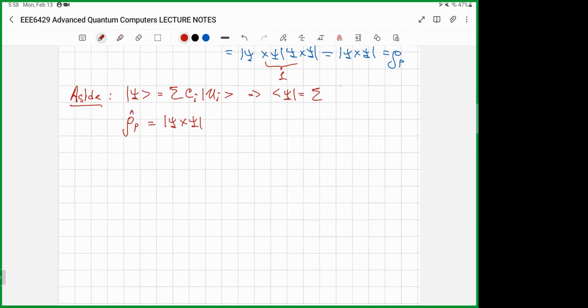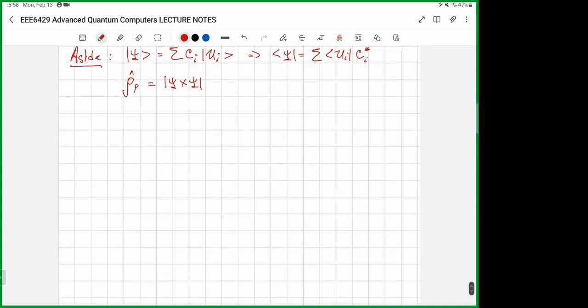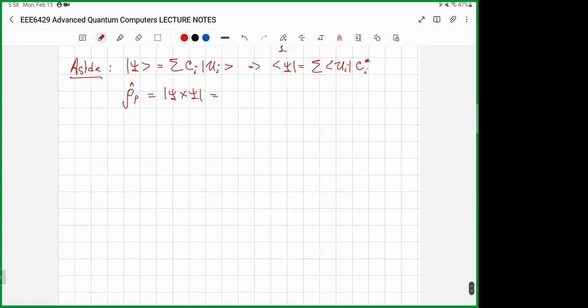Well, I have to write U first, I, and C I complex conjugated, right? So let's rewrite this using these two formulas. Plug these two into this one.